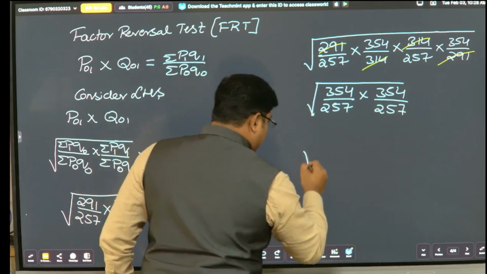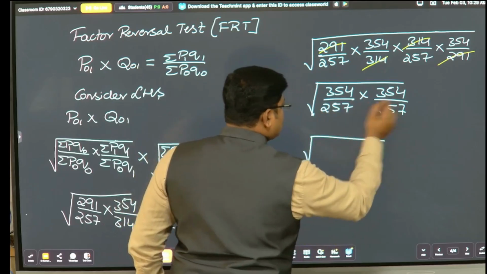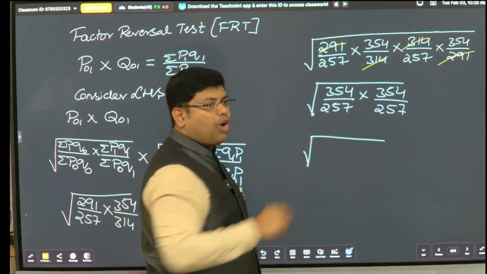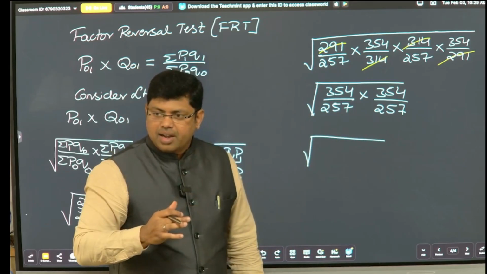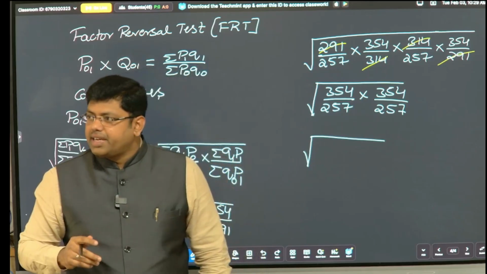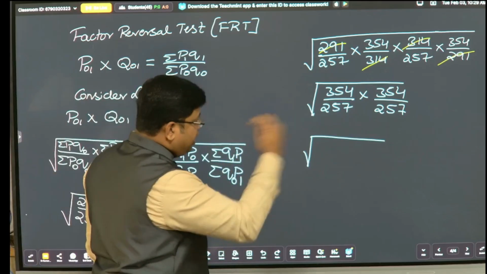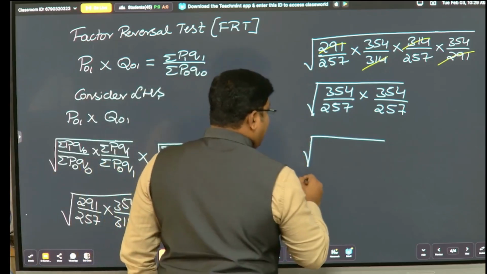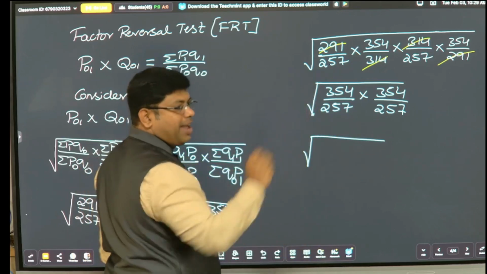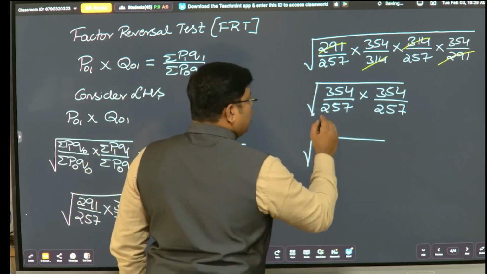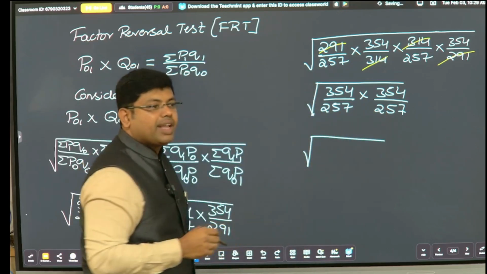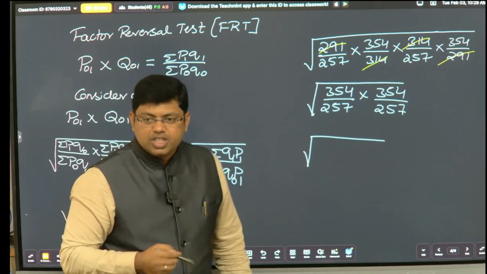So what is the next step? Please listen. 2 into 2, what can we write? 2 square. 3 into 3, what can we write? 3 square. Correct? So 354 into 354, we can write as 354 square. Similarly, 257 into 257, what can we write? 257 square.